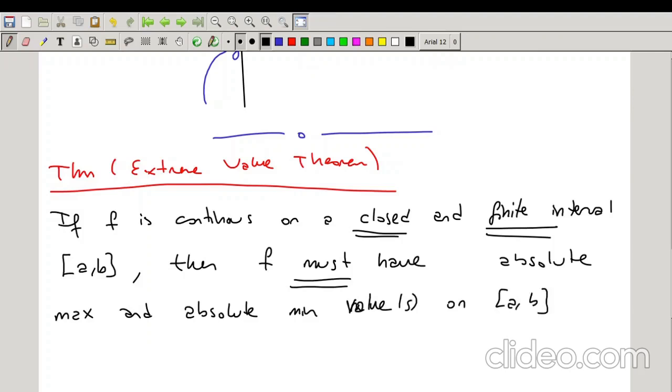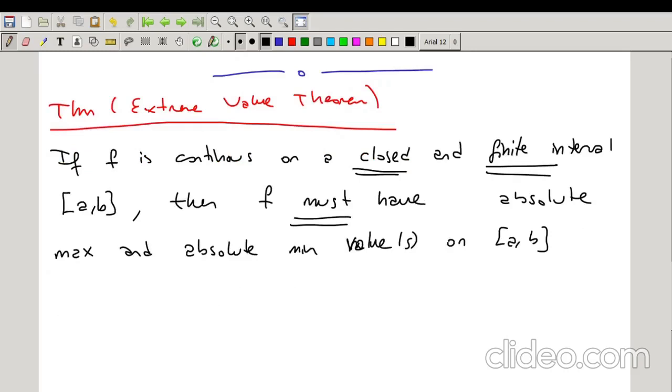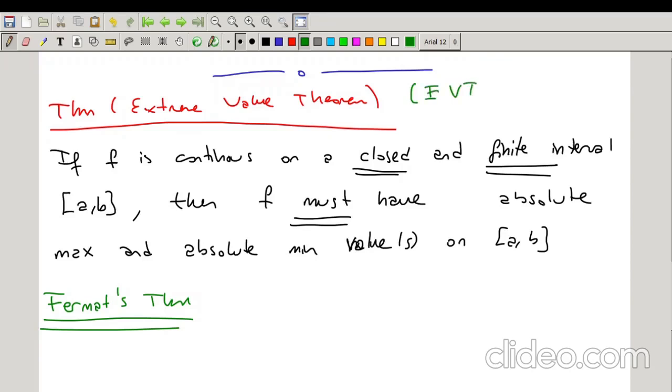They may also coincide in that case. And then we have a corollary of that theorem, which I will call Fermat's theorem. You can check your book for the proof; I will not give it. It is important to understand the idea. Whenever you have an example with a closed interval, you can say directly by the extreme value theorem, and we use the abbreviation EVT, there must exist absolute maximum and minimum values.